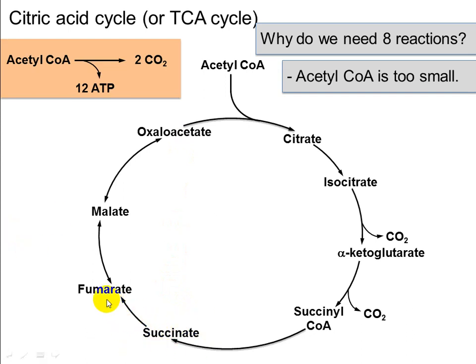Oxidation generates a double bonds seen in fumarate. Hydration of the double bonds gives rise to a hydroxyl group seen in malate. Oxidation of the hydroxyl group gives rise to alpha-keto group seen in oxaloacetate. We now return the oxaloacetate back. We are ready for the next cycle.